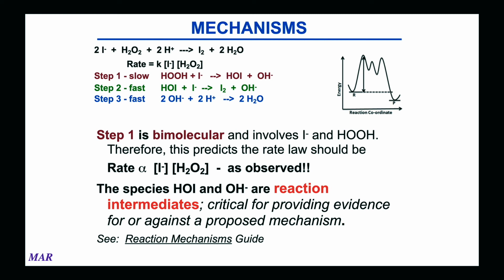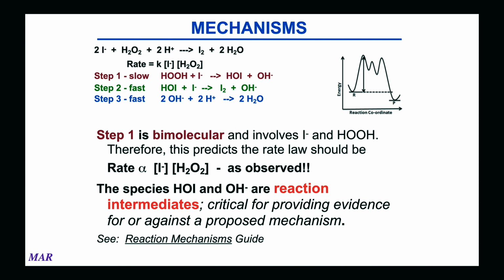They might be around for just a little bit, but if you have someone that's really good with lasers in chemistry, they can often detect these intermediate species for just milliseconds or even nanoseconds at a time. So intermediates can be really important. An intermediate will appear in a mechanism and then disappear before the reaction's done. So in the overall stoichiometry, you don't see any HOI or OH minus for that matter.